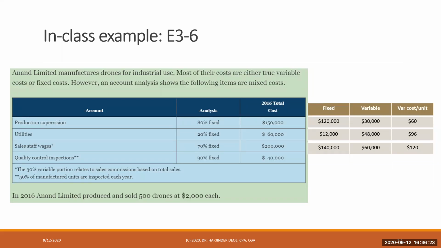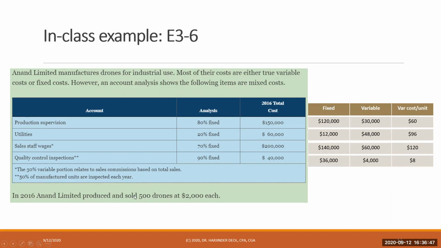Finally, for the quality control inspections, 90% of the total cost was fixed, and the 2016 total cost was 40,000. We get $36,000 as the total fixed cost portion, and 4,000 was variable. And we're told that half of the manufactured units are inspected each year.